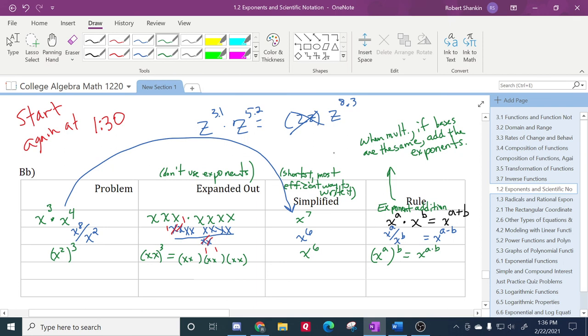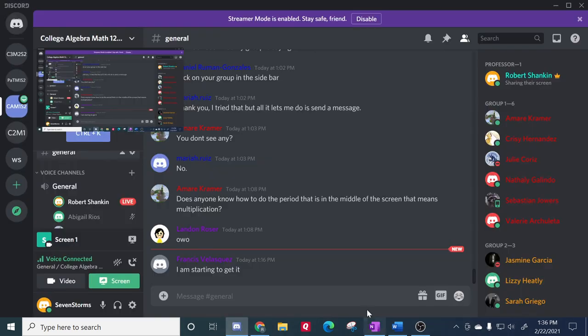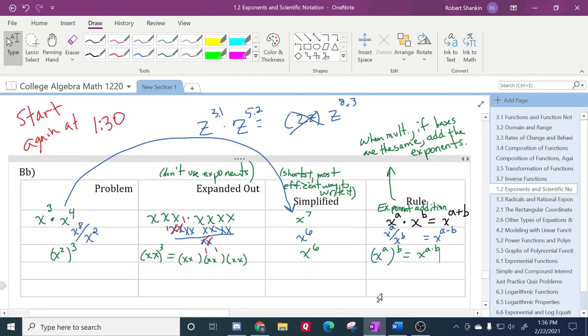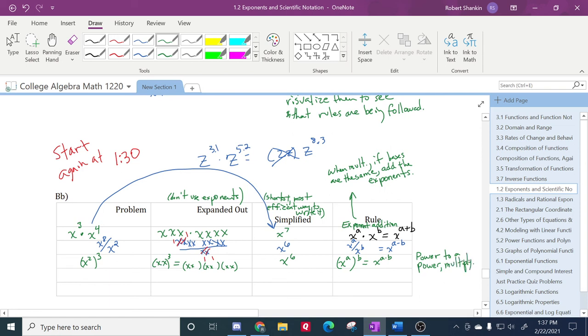And this one, let's go back to here. Sometimes this is called power to a power. Multiply. When one power is raised to another power, we multiply the 2 powers.